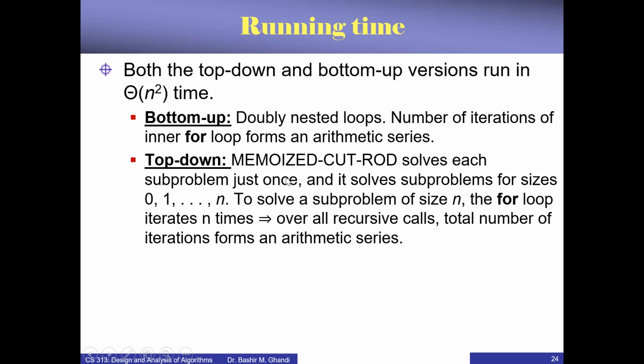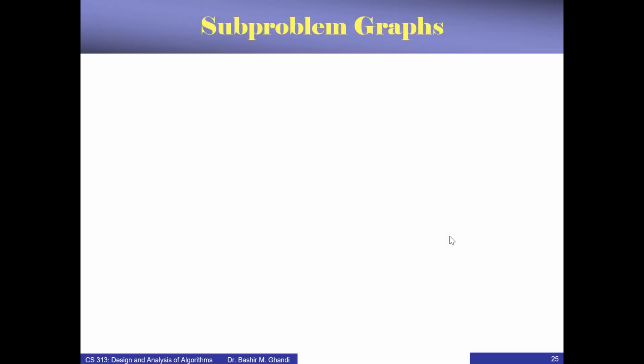Okay, so we have n cases because we're going to have 0 to n subproblems. However, to solve a problem of size n, there is a loop needed. So the for loop will iterate n times over all recursive calls. So the total number of iterations will form again an arithmetic series. And therefore, even in this case, the running time is going to be theta of n squared.